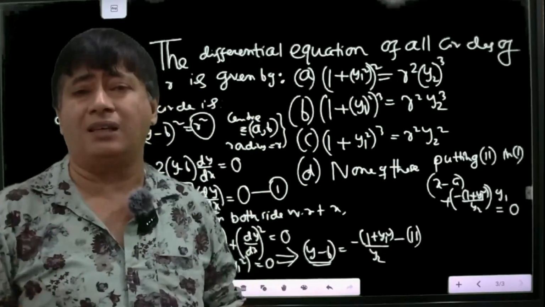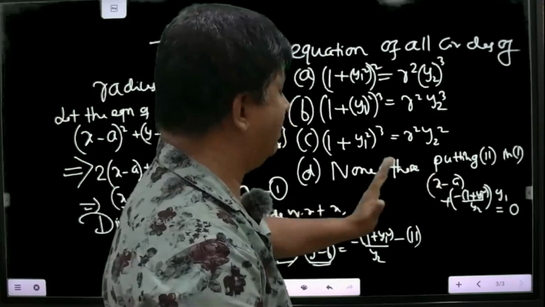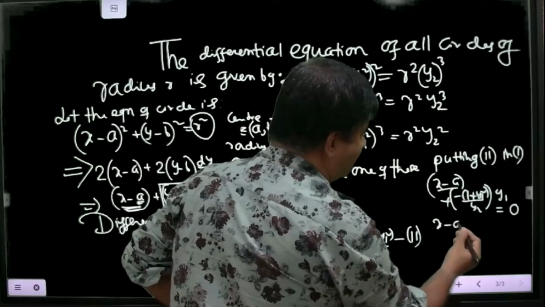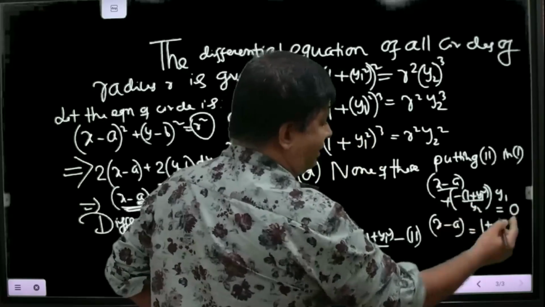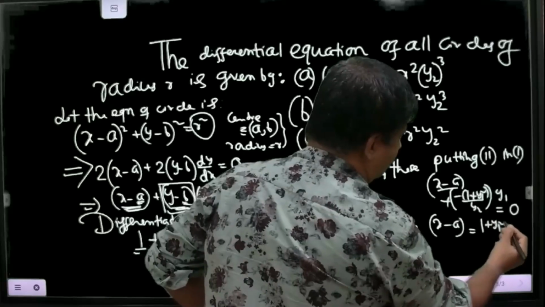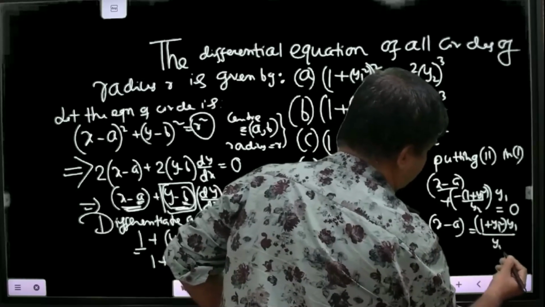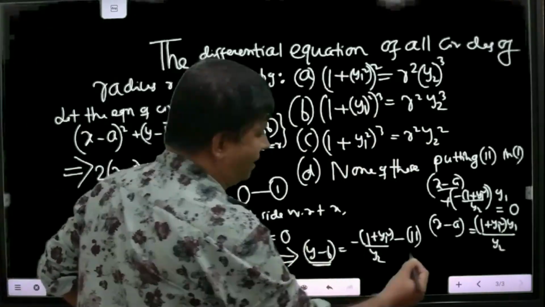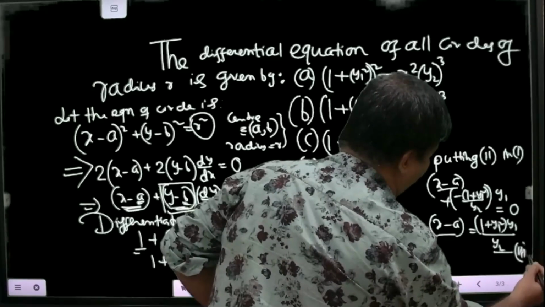Why are you making it so complex? Because here we are getting a different value of x minus a. Shift this thing to the right hand side. So we have got separately the value of y minus b and x minus a. I am labeling this as equation number 3.